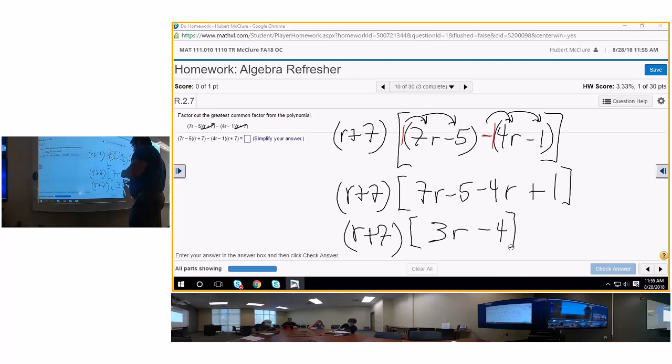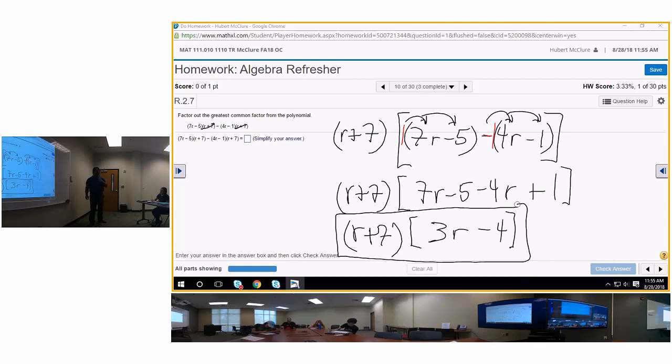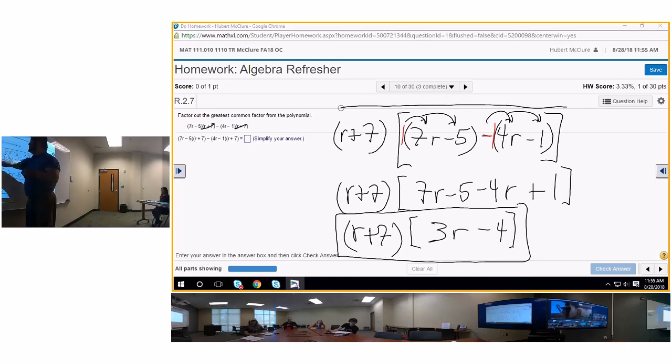Now, I would say by the directions that would be the answer. Why? Because the directions do not say factor out a common term, combine like terms, and then distribute. It doesn't say that. It says factor out the greatest common term. Now, could this be the answer? Yes, this could be the answer also.